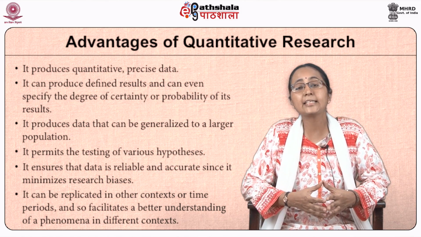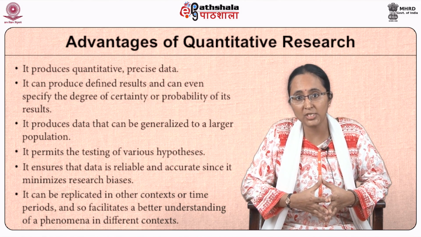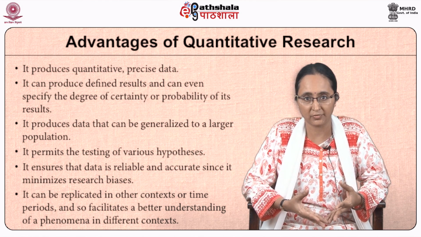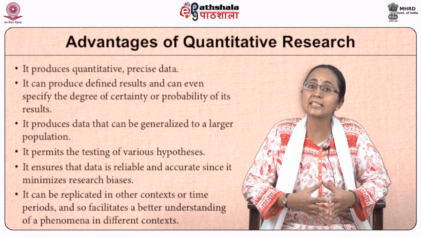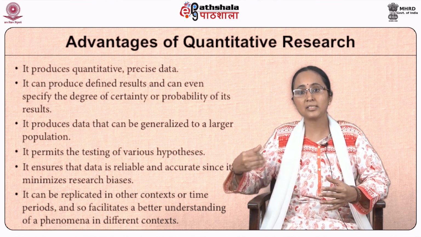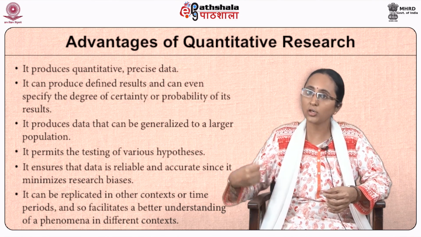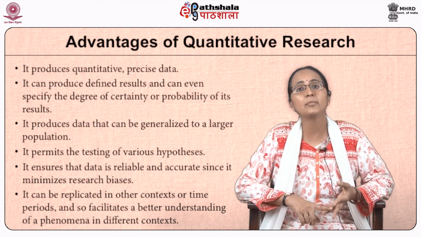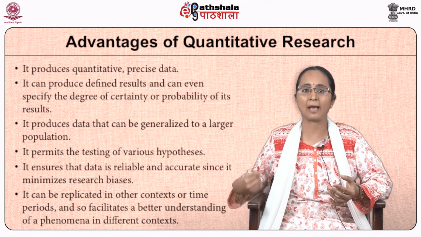It can be generalized to a larger population. This is very useful when designing policy or program intervention. It permits testing of various hypotheses to verify whether this is true in certain context or not. The data that you get is reliable and very accurate because there is very little researcher bias in this.